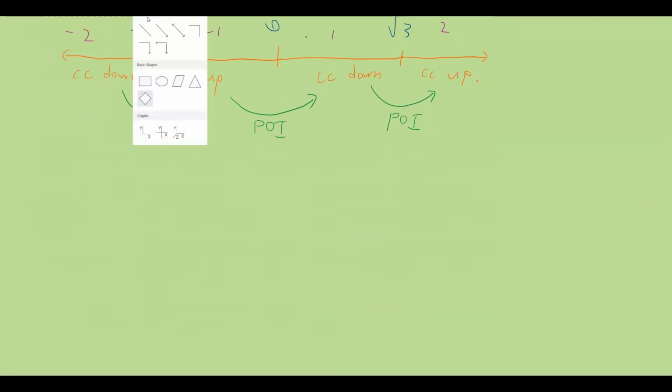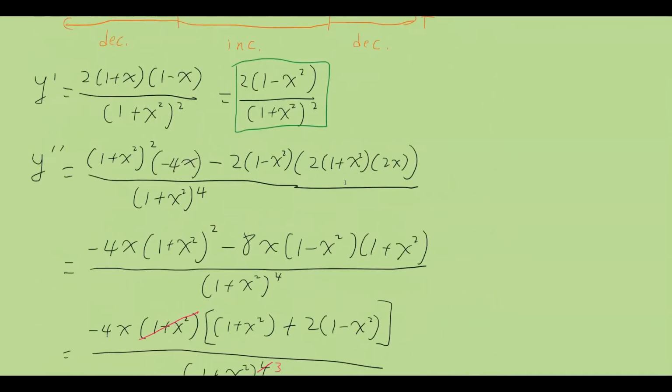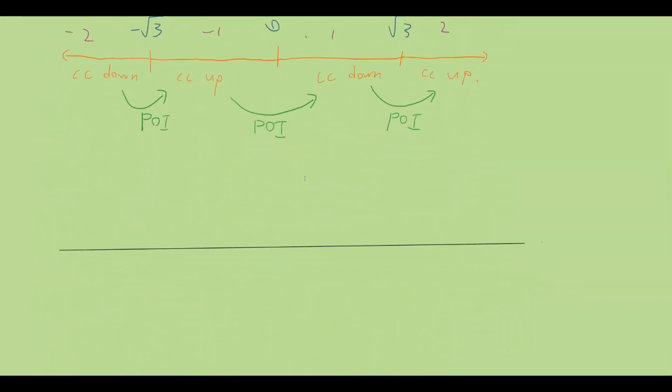All right, let's do that. Okay, so let's identify the critical numbers first, 1 and negative 1. Right, let's say 1 and negative 1. All right, those are our critical numbers. F prime is 0, 0.